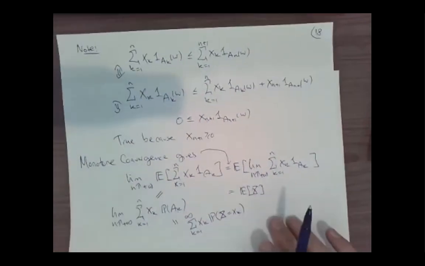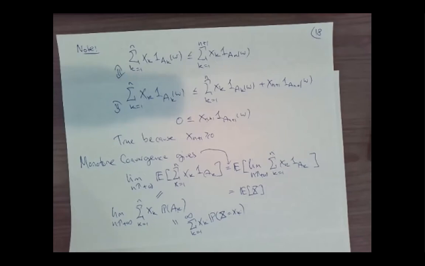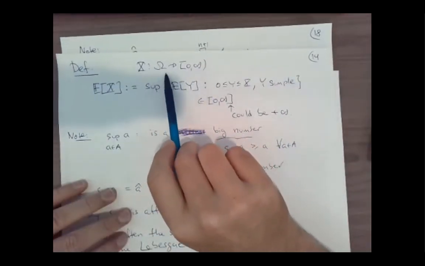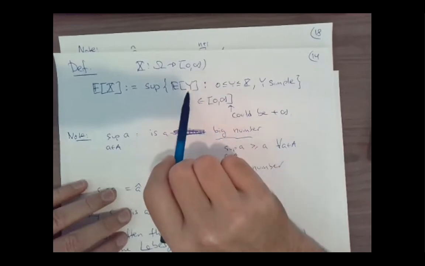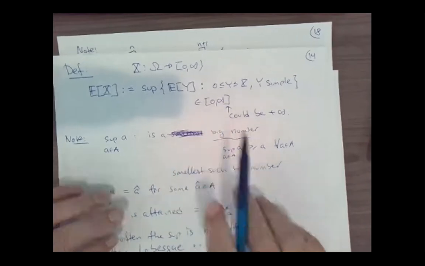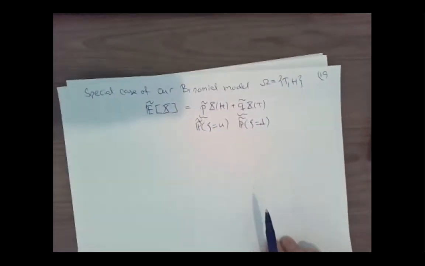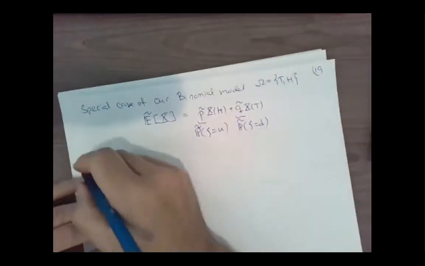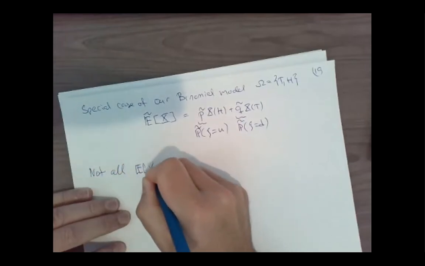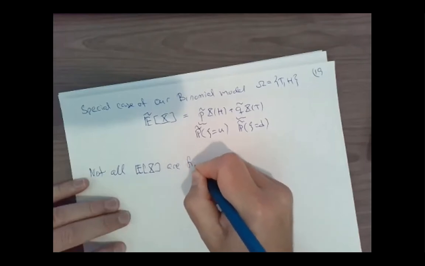The last thing that maybe we should do today before we call it quits is make a comment about this one here. We're dealing with functions that are finitely valued, but when we start integrating them, they could become plus infinity. You have seen versions of this in the homework. Not all integrals, so not all expectations, are finite.